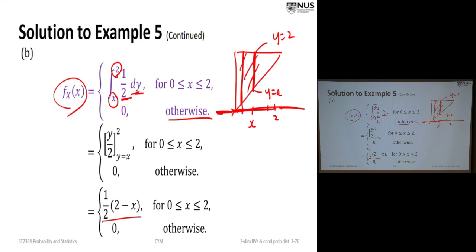While if x is here, you only have this part of the density that you can add up, so it is smaller. This is reflected by the expression 2 minus x. If x is small, you have a bigger density. If x is large, you have a smaller density.